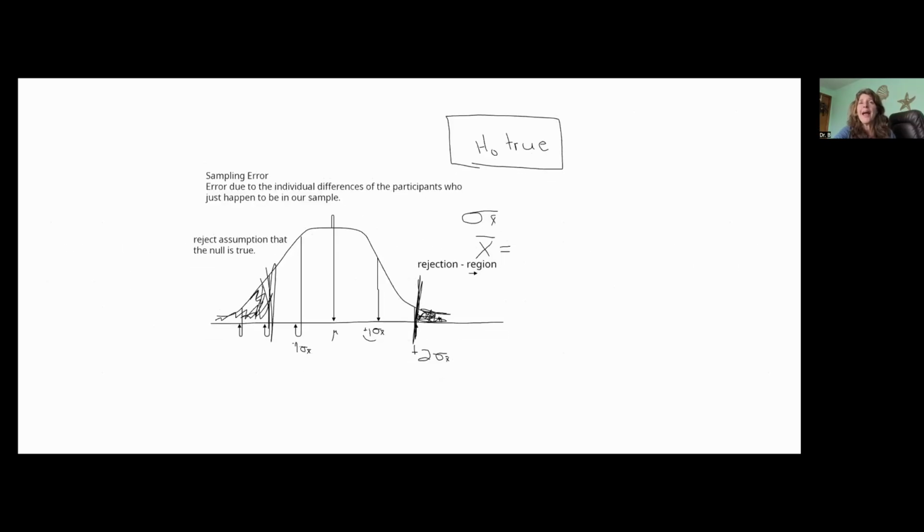Now we can go and get our sample mean, right? So we're back to the space where we've gotten a group of students. We've taken them through the imaging training to see, does this improve their long-term success in a statistics class?